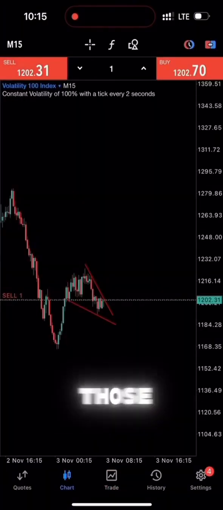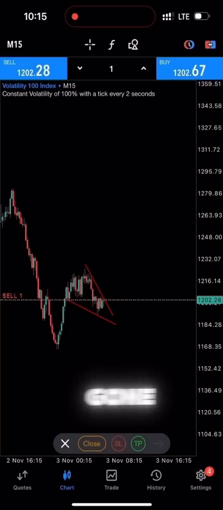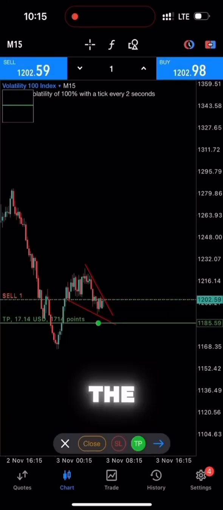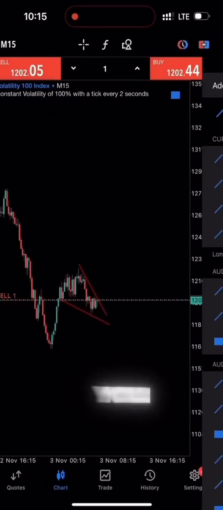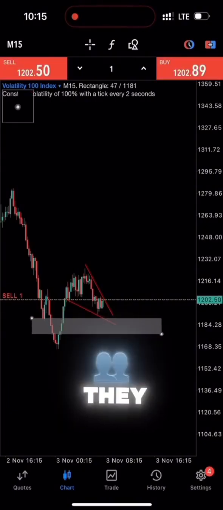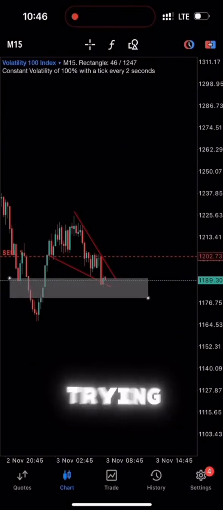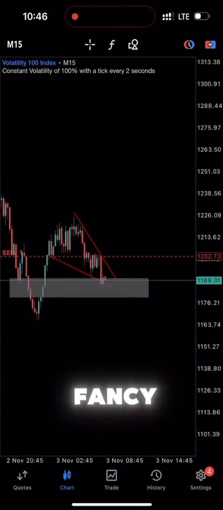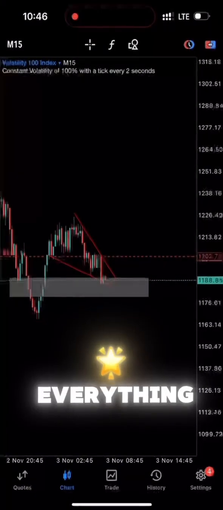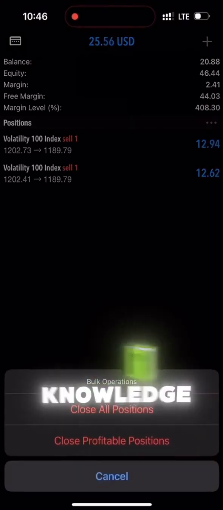Have you ever noticed those guys who always say, my liquidity has gone to the liquidity, the order block on this? Have you ever noticed those guys are the ones who blow the most, because they are trying to sound fancy while they are blowing their account? They are trying to seem like they know everything. Don't be like those guys. Just use the knowledge which you have.